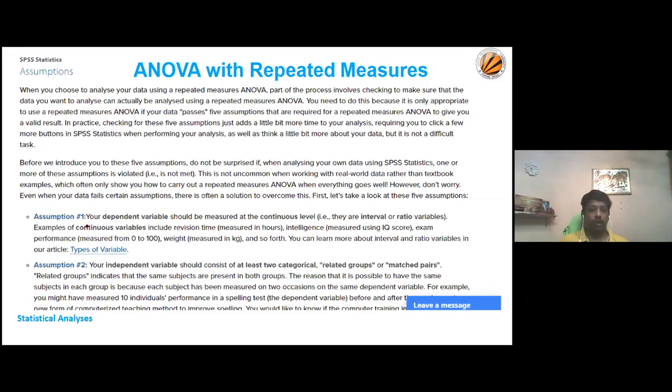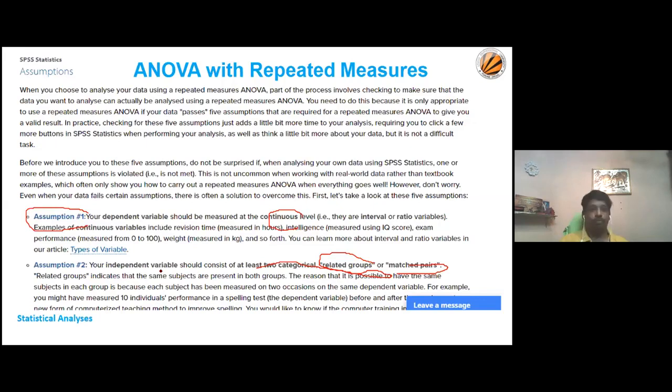Number one, your dependent variable should be measured on a continuous or interval scale. The second assumption, your independent variable should consist of at least two subgroups or matched pairs, right? So your dependent variable, your outcome measure, should be continuous, and you have more than two groups.